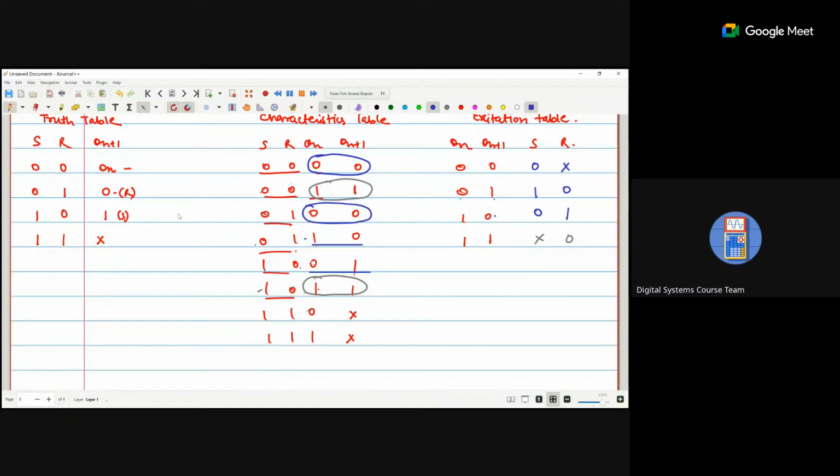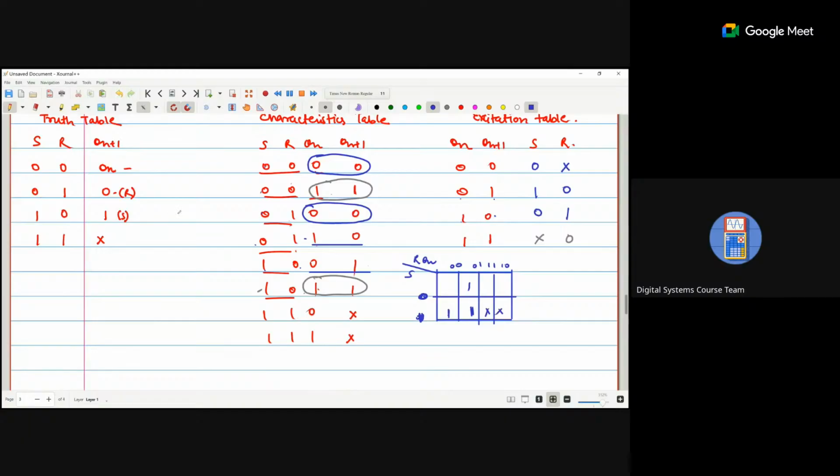Okay, so if we write an equation for the SR flip-flop, we have a K map: S R Qn, 0 0 0 1 1 1 1 0. So 0 0 1 it is 1, then 1 0 0 it is 0, and 1 0 0 it is 1, 1 0 1 it is 1, and the remaining two parts are don't care.